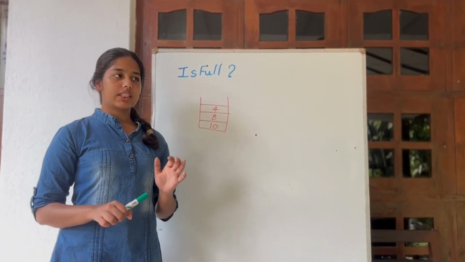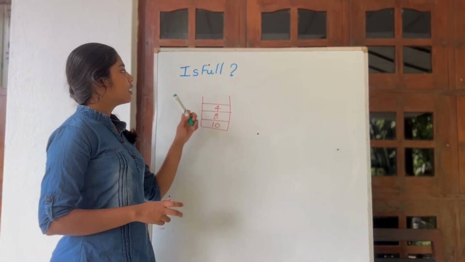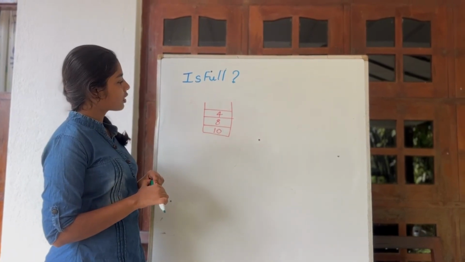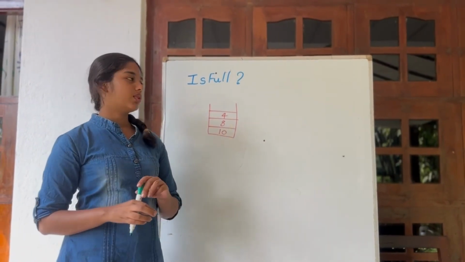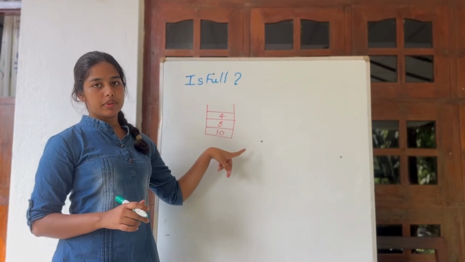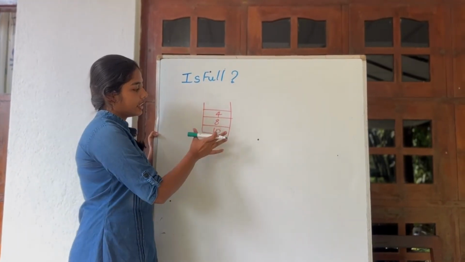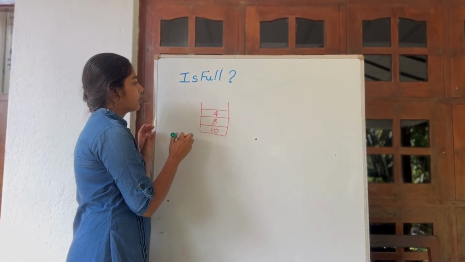We are going to discuss the is full operation. When we are going to add a new element to the stack, we have to check whether the stack is full or not.